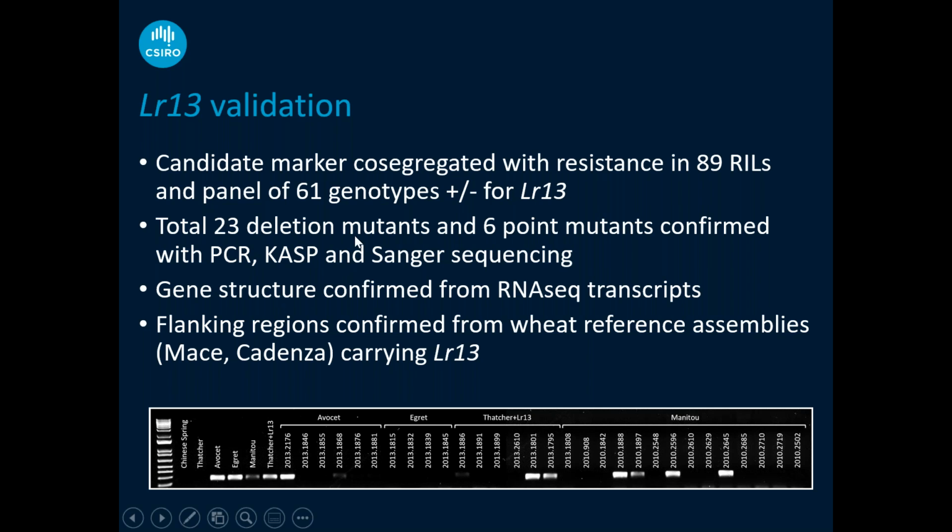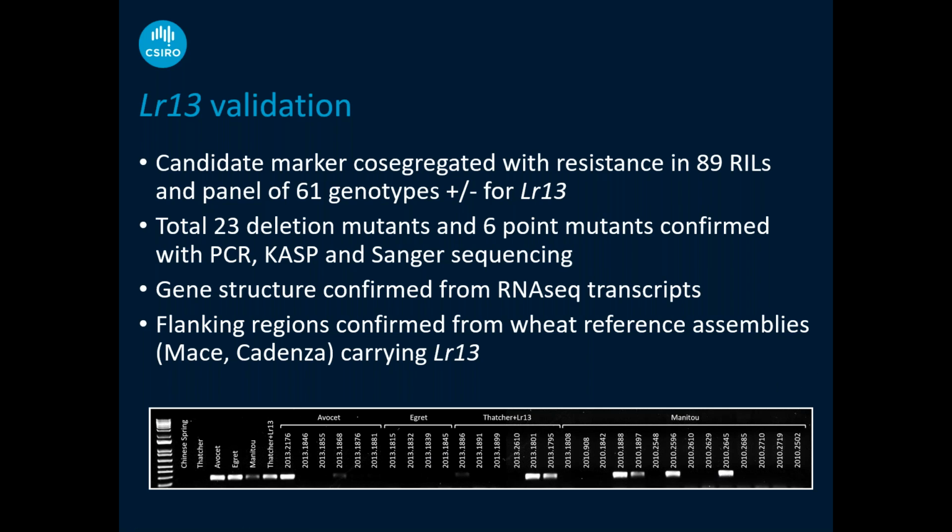So a total of 23 deletion mutants and 6 point mutants were confirmed using PCR on those other mutants that we had. So the four that we used in RenSeq were from Egret, and PCR showed that they were deletions, but we were able to cover point mutations from these other mutants here.